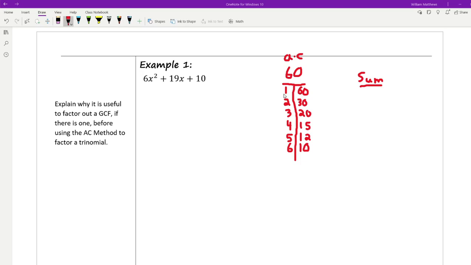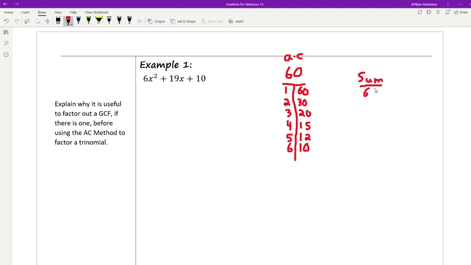Continuing on. The reason why we're doing this is because we want to break up our B coefficient. We want to change this 19 into something that can help us. And we do that by figuring out which one of these add up to equal 19.